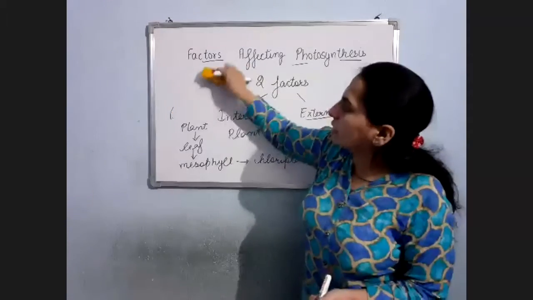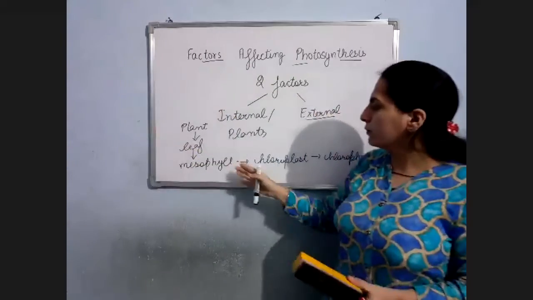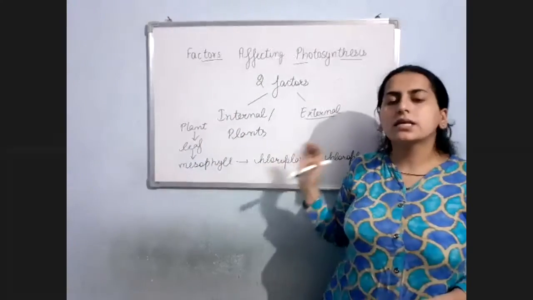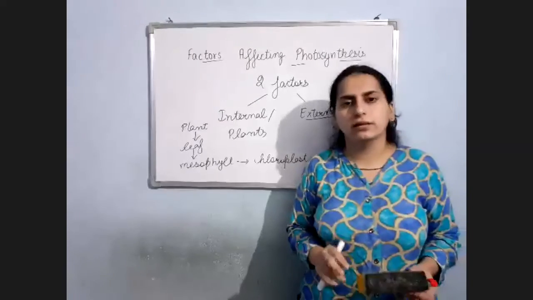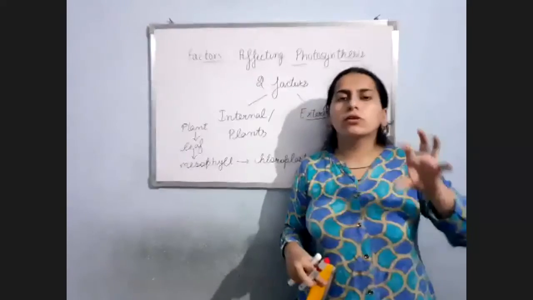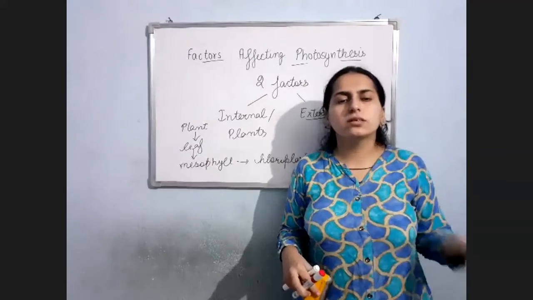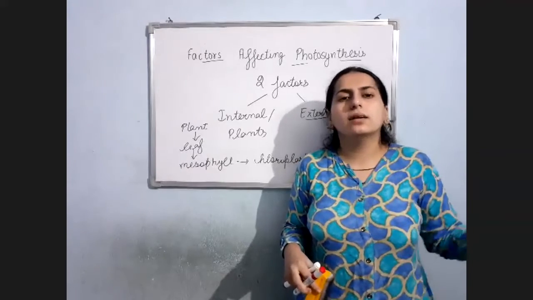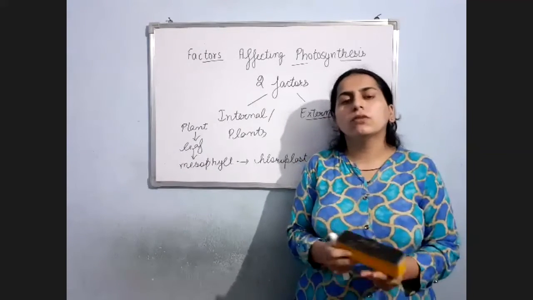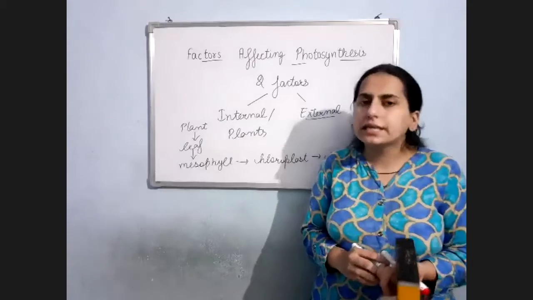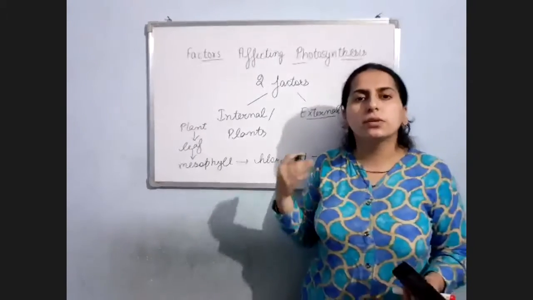Third internal factor, you can just see from here. In the chloroplast, as you know, chlorophyll is present. So if the amount of chlorophyll in a leaf is more, then again the photosynthesis will be more in that leaf. And if the amount of chlorophyll in a leaf is less, then the photosynthesis would be less.